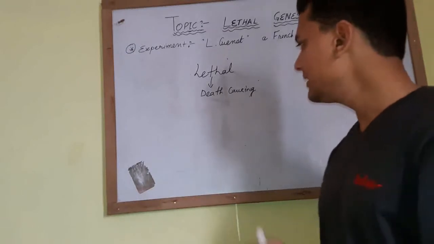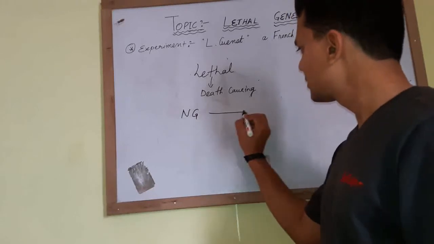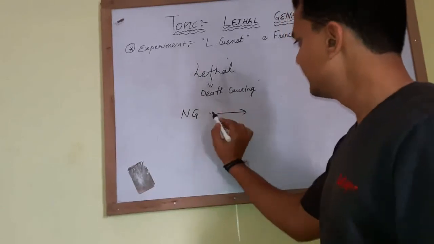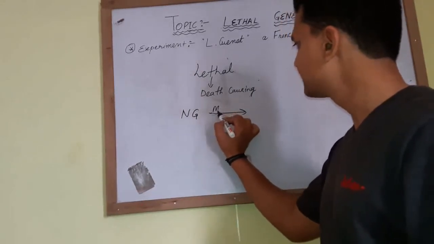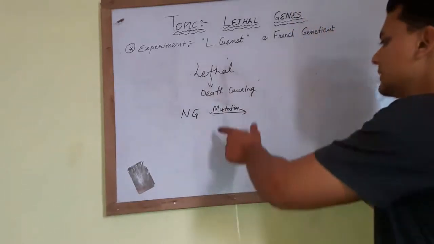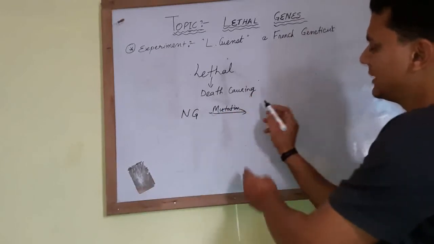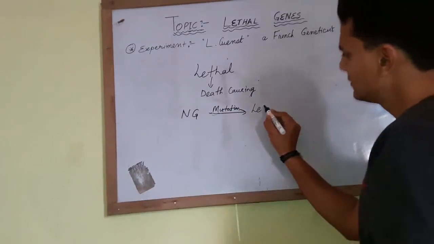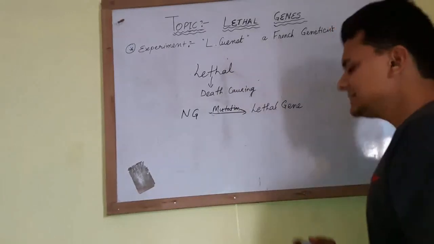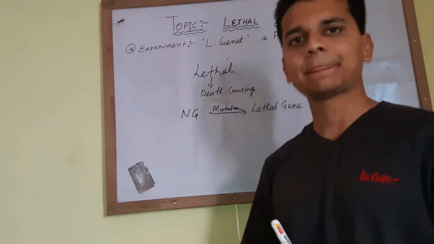When a normal gene gets mutated, it directly converts into a lethal gene. These are death-causing genes. These are the genes that cause the death of an offspring.